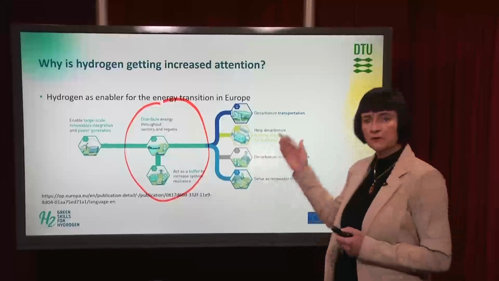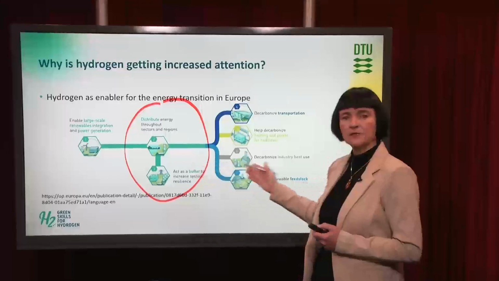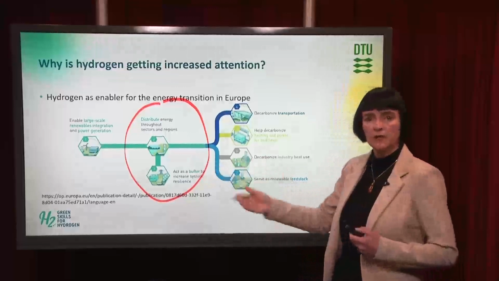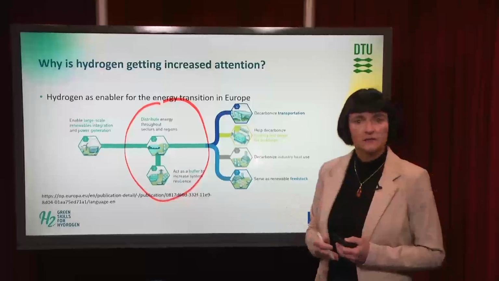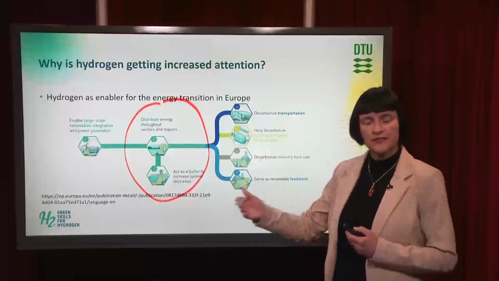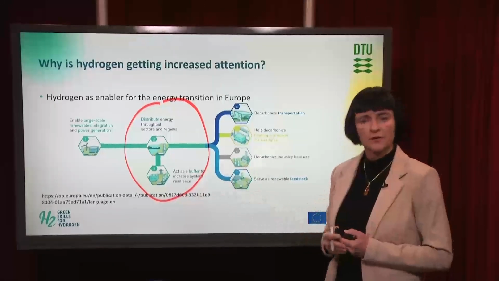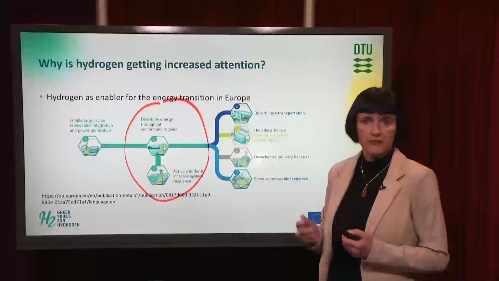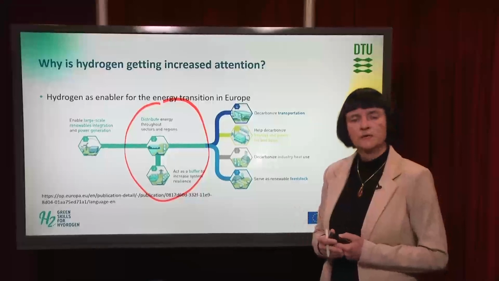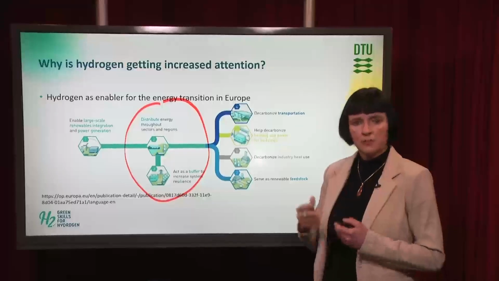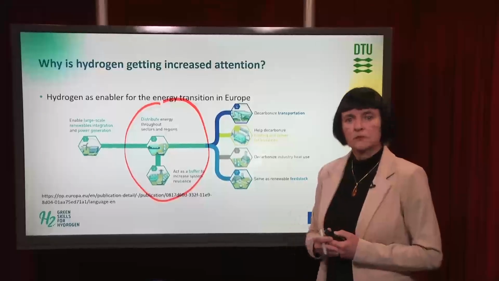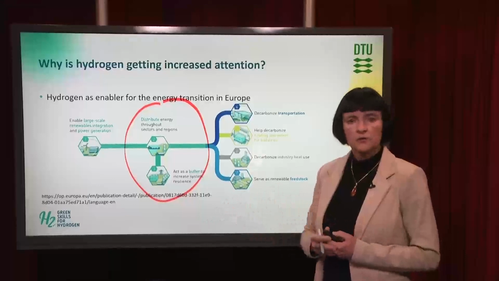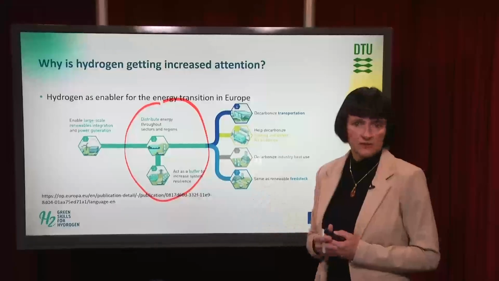The primary product is of course electricity, but electricity storage on a large scale, transportation, there can be challenges. And then in that scenario, converting the electricity via electrolysis to get hydrogen from water is a good opportunity to buffer the fluctuating energy, and also to store the energy, to transport it, and to make it usable in the energy sector.